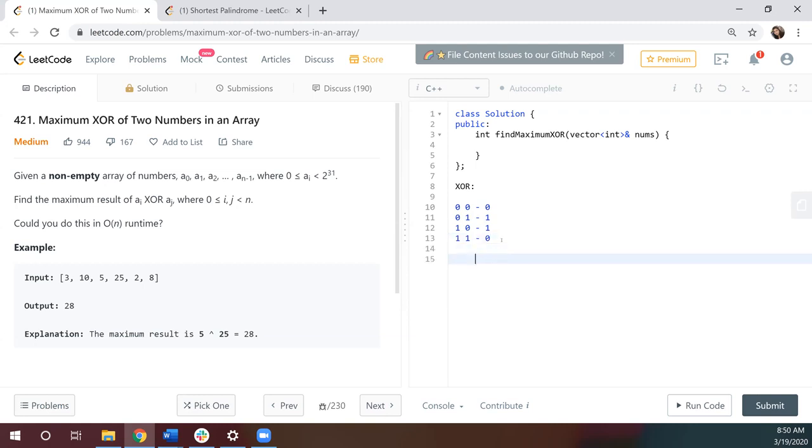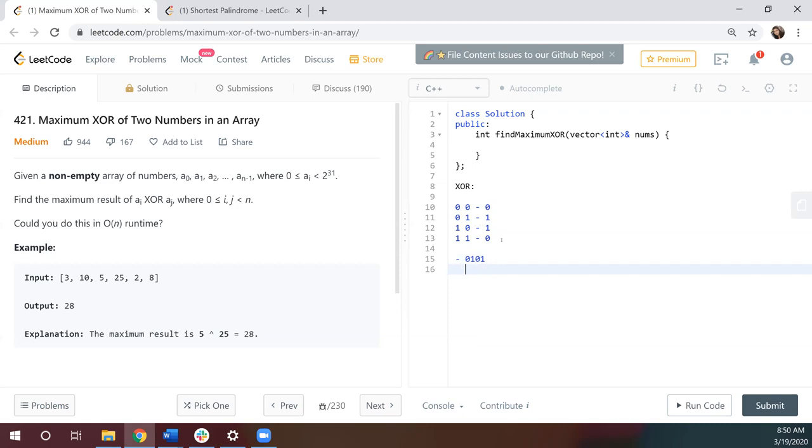So how is 5 denoted in bitwise? Which is 1 0 1, let's say 0 1 0 1. 5 is 4 plus 1. Okay, so how is 25 denoted?